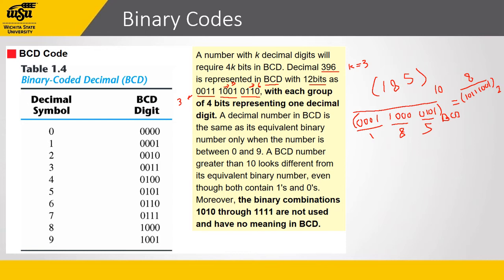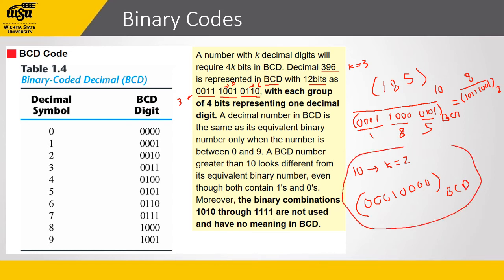The decimal value of 10 in BCD, where k is equal to 2, is shown using 8 bits. And here is another example. So we should consider BCD as a decimal representation, a decimal value, and not a binary value. It only uses 0 and 1s, but it's not a binary value.